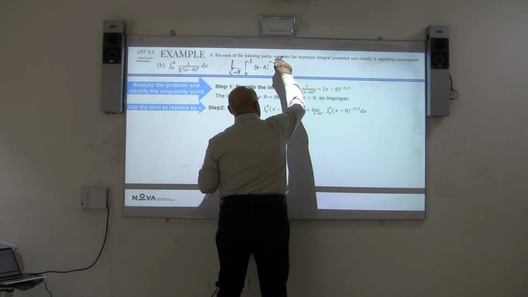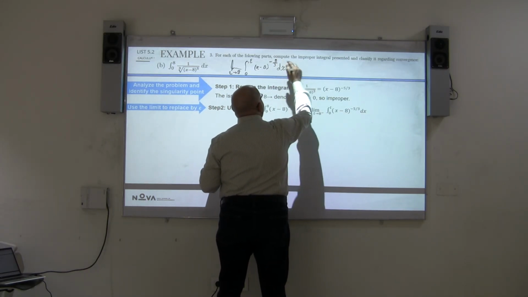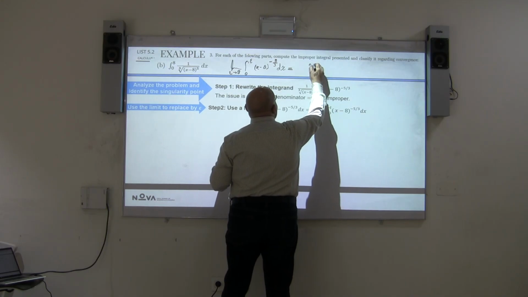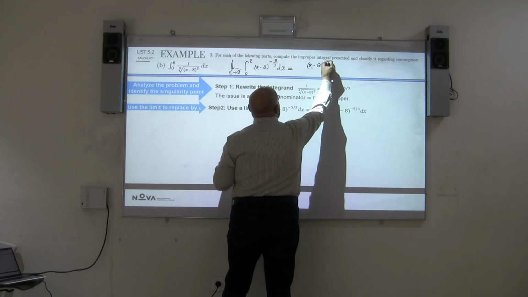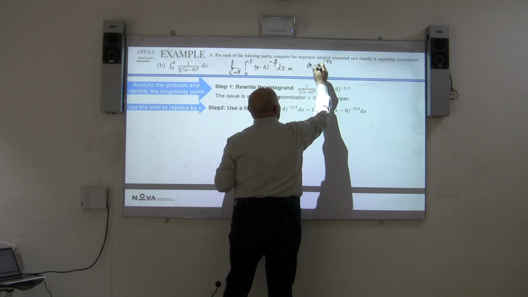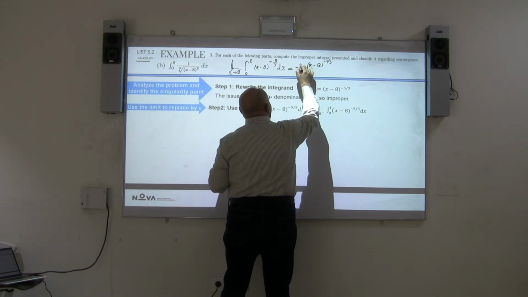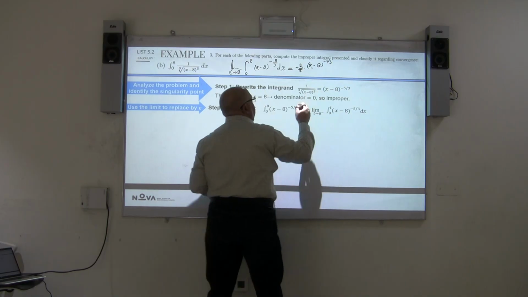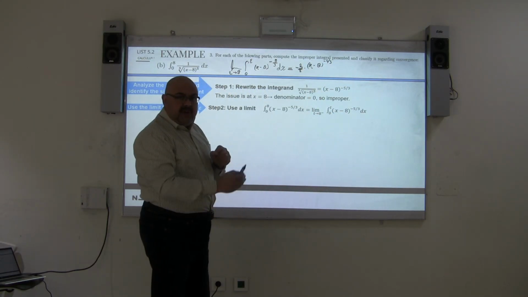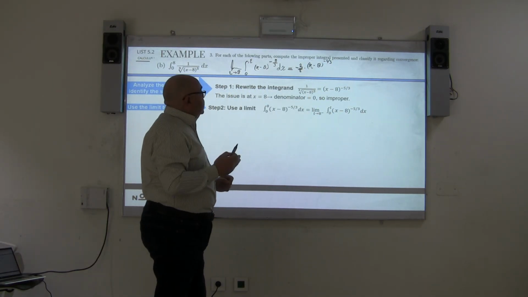If you add 1 on this power, it's going to be x minus 8 to the power of negative 2 over 3, divided by negative 2 over 3, which means you will multiply by negative 3 over 2, because when you are dividing by 2 over 3, it will be replaced as you can see.